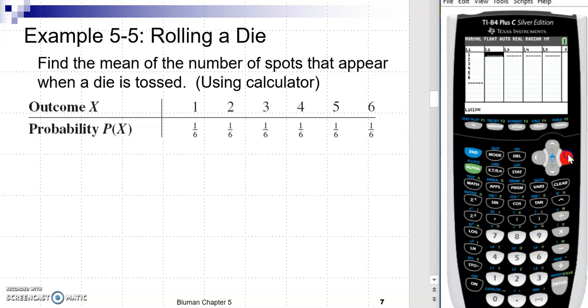And then in list 2, we're going to type in those fractions. Now you can do each one of them individually, but since they all have a denominator of 6, I'm going to take a little shortcut here. I'm going to type in just the numerators, which are 1. Type in 6 of those.